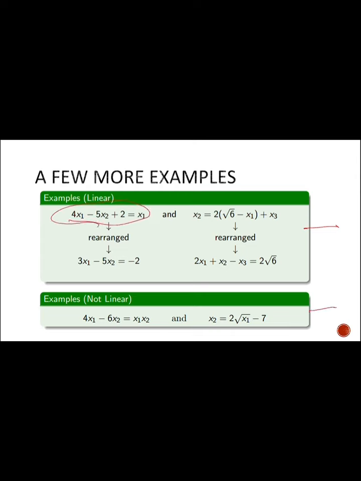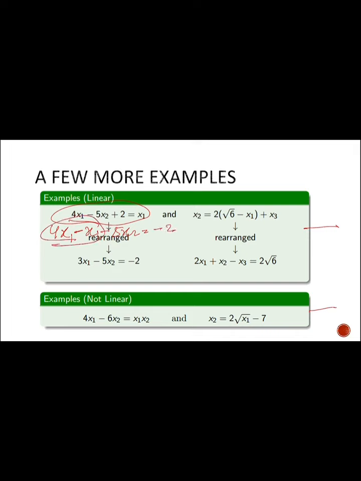Looking at this equation, what you see is 4x1 minus 5x2 plus 2 equals x1. If I rearrange it, this would be 4x1, bringing the x1 to the side of the equal sign, minus x1, minus 5x2, and let's take the constant to the other side of the equal sign, which becomes minus 2.